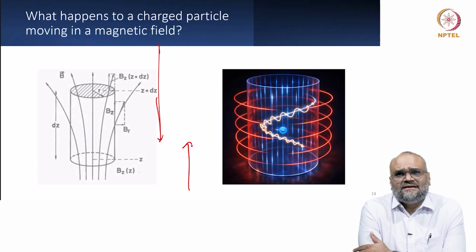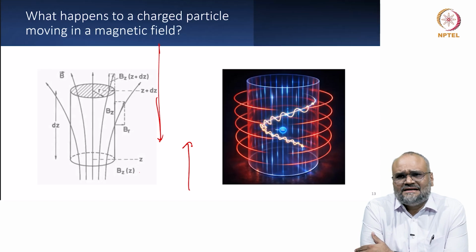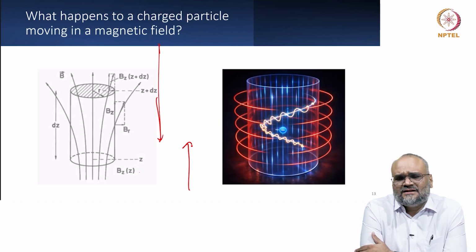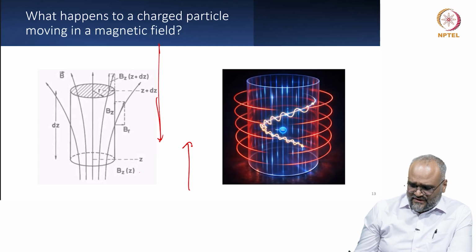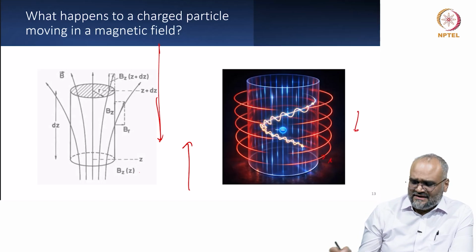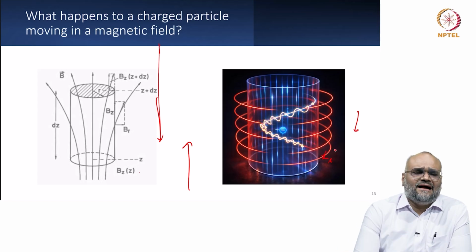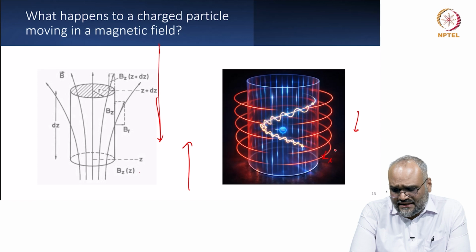If you think of the electromagnetic lens as analogous to a solenoid, a current carrying conductor through which current flows this way, the magnetic field then is downward.